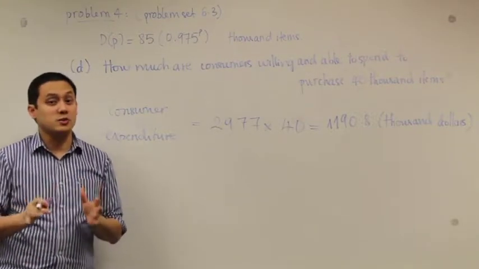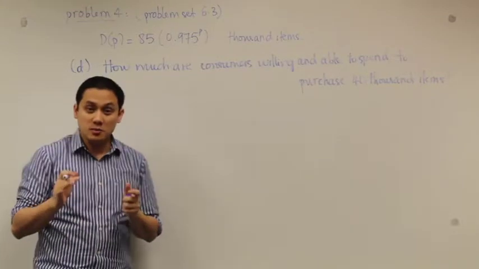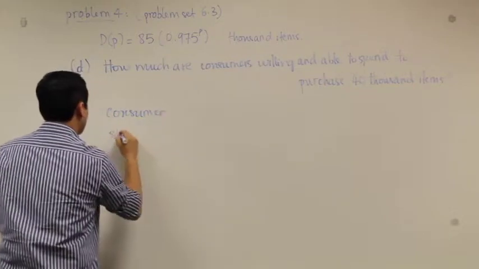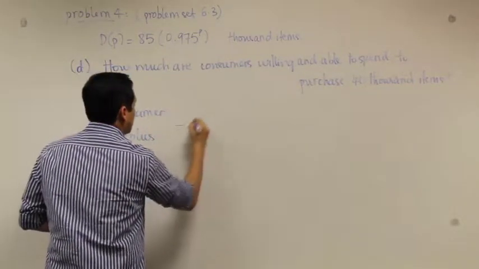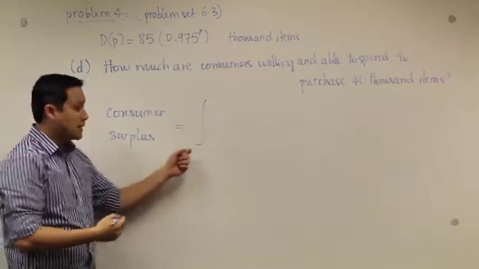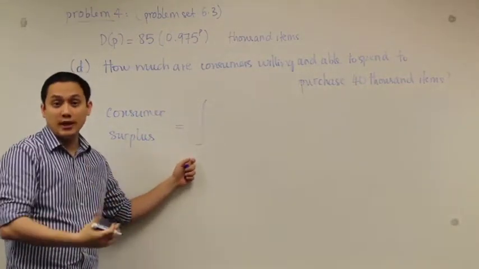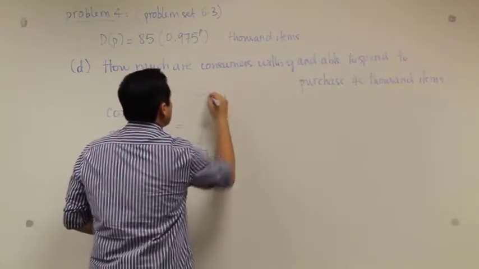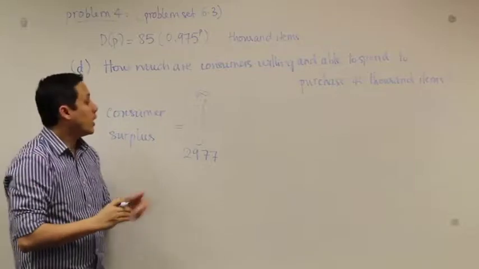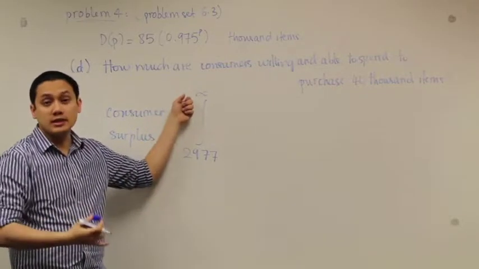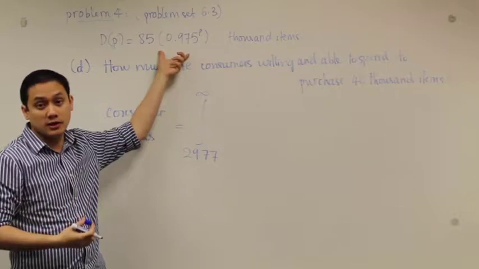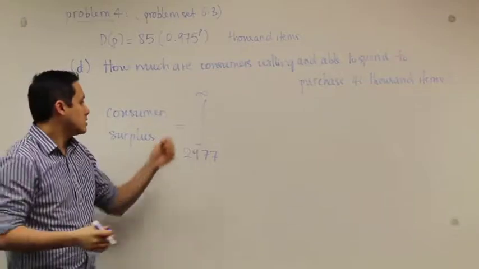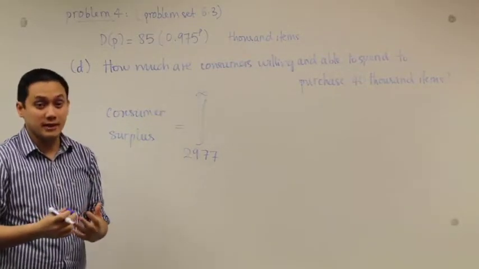Next, we're going to calculate the consumer surplus. So the consumer surplus is equal to the integral from the set market price, in this case 29.77, to infinity. Once again, why do we use infinity? Because we are dealing with exponential functions, and there's no indication they give you the maximum price. So therefore, that's why we have to use infinity.